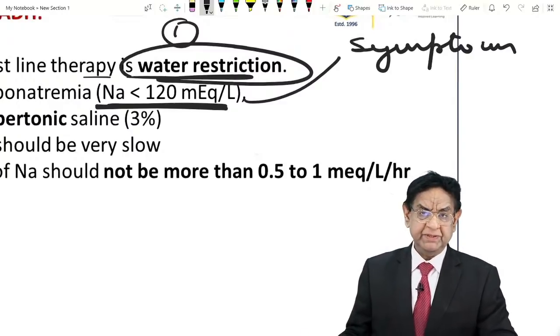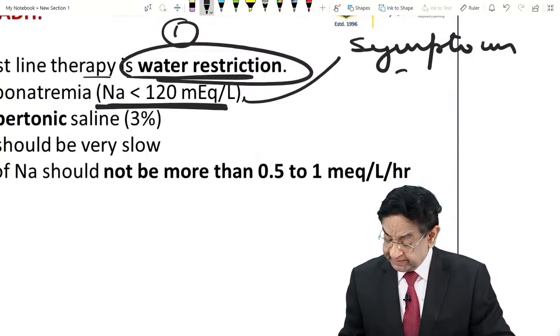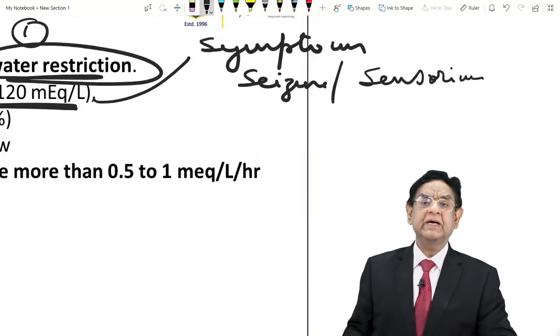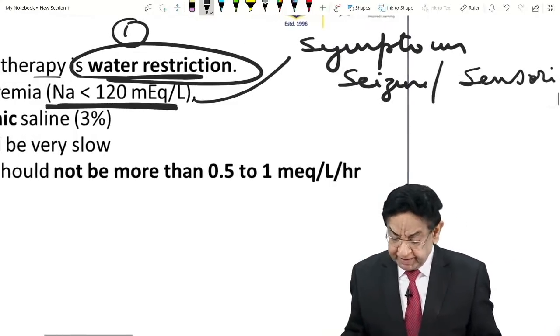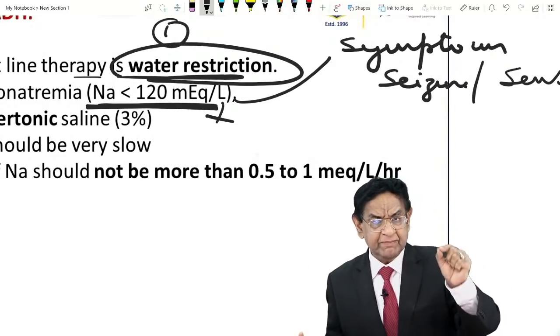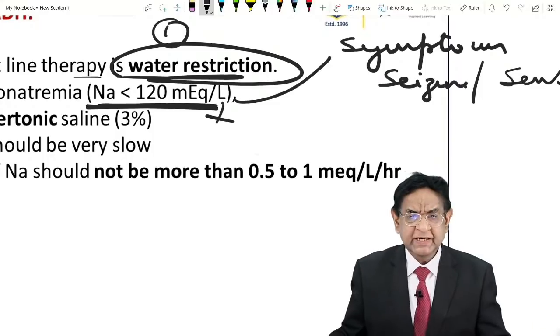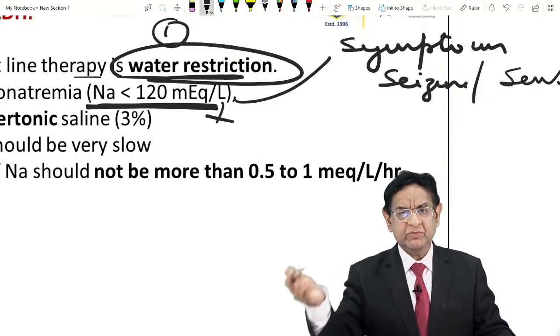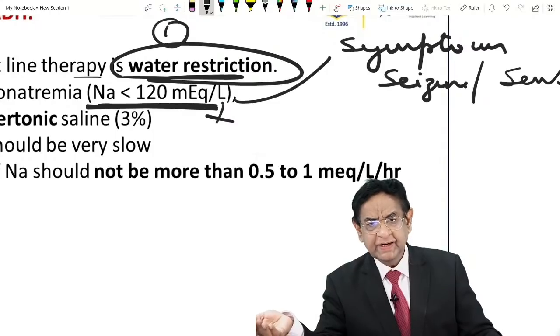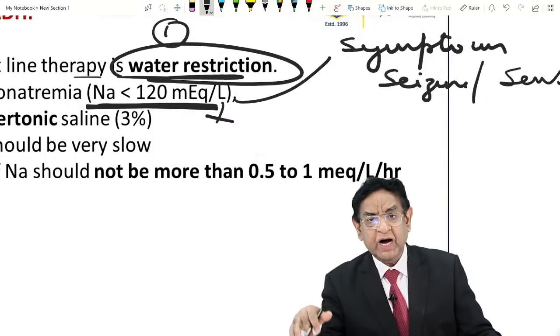Maybe they have seizures, maybe altered sensorium. The examiner may ask you, he may not ask. He will say, there's one patient who has come with altered sensorium or he's having seizures, and serum sodium is 120. How will you manage?